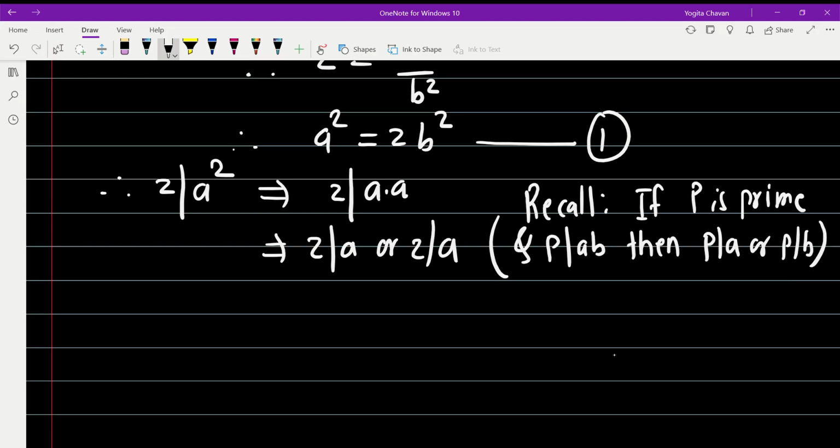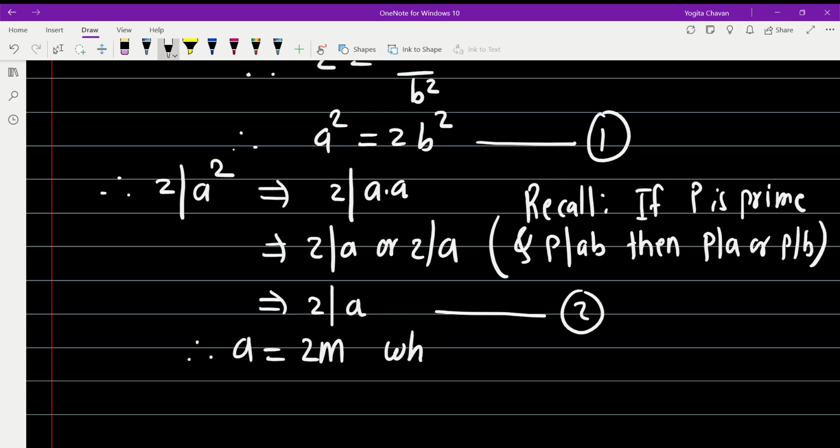So here 2 divides a into a, therefore 2 divides a or 2 divides a, which implies 2 divides a. This is number 2. 2 divides a, therefore a is a multiple of 2, that is a is equal to 2 into m, where m is some integer, m belongs to Z.